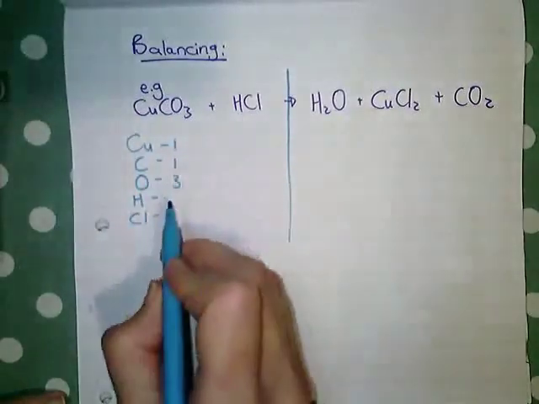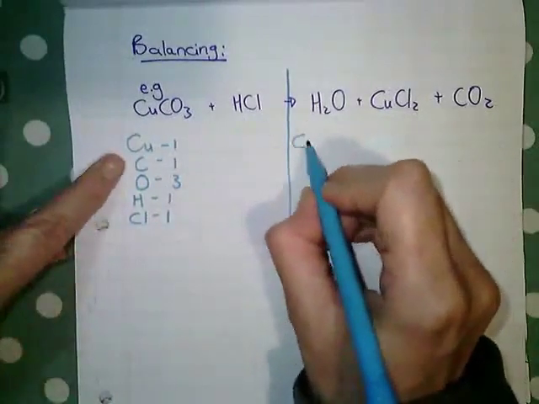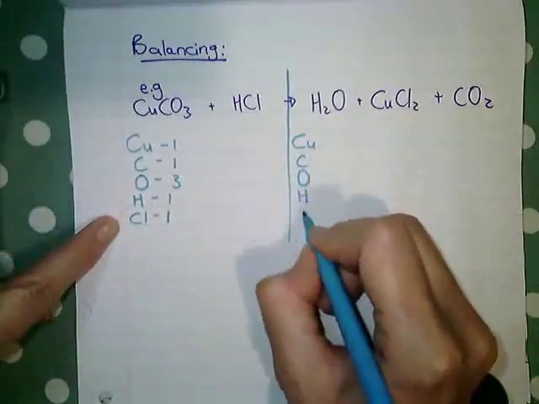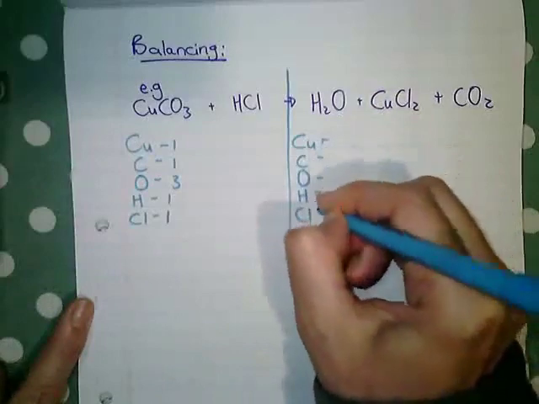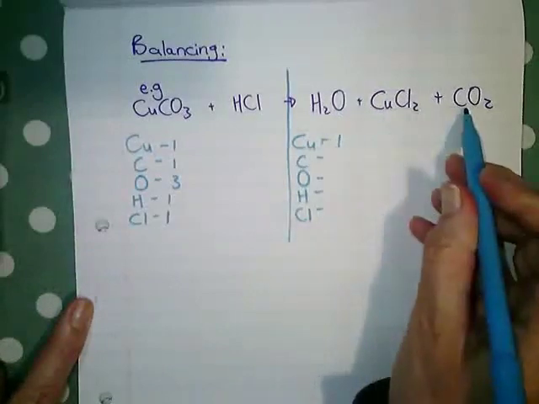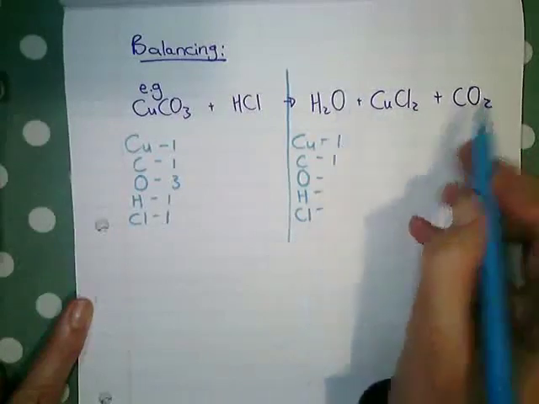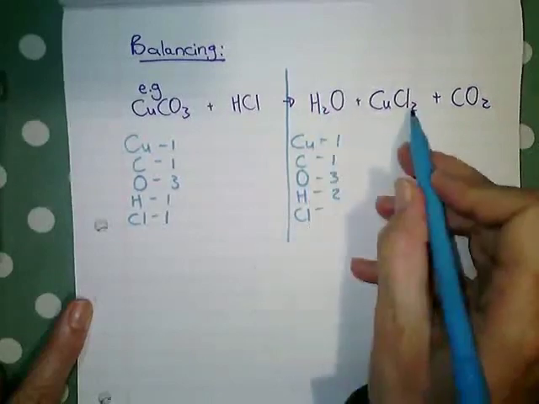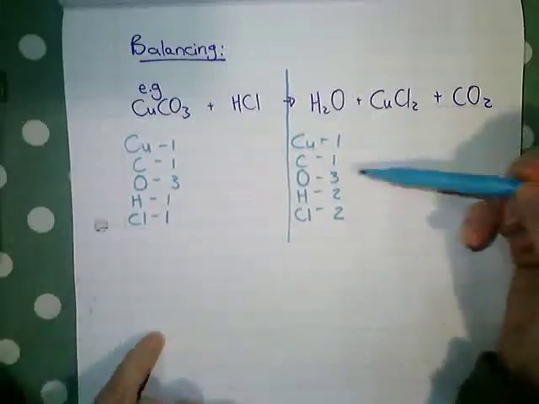On this side, we write them in the same order. The law of conservation of atoms says that all the atoms we have will be left. So copper, 1. Carbon, 1. Oxygen, 1, 2, 3. Hydrogen, 2. Chlorine, 2.